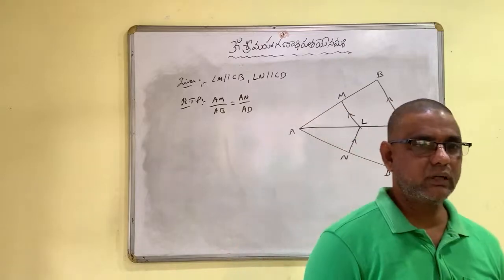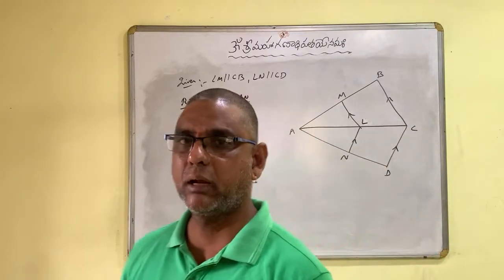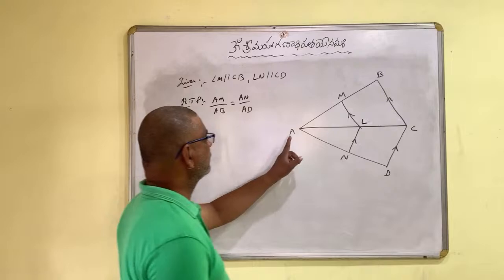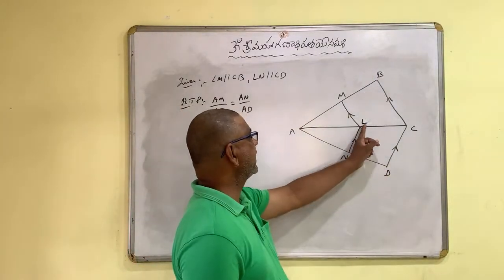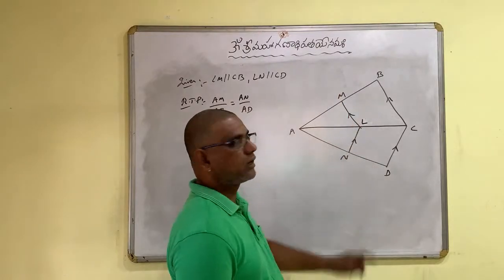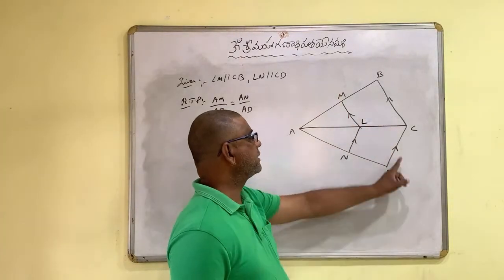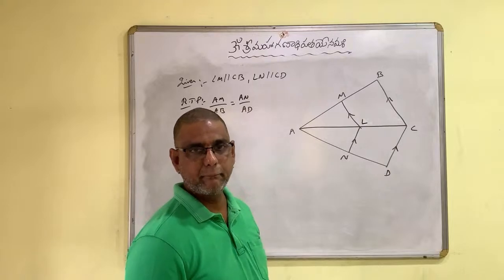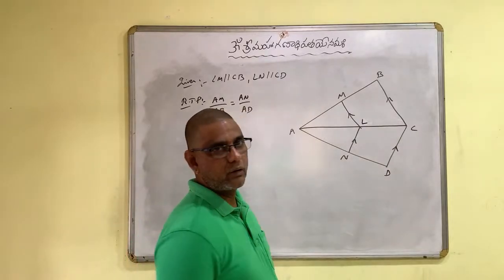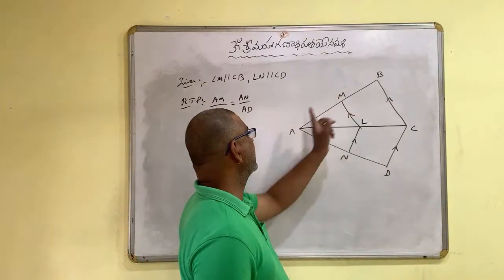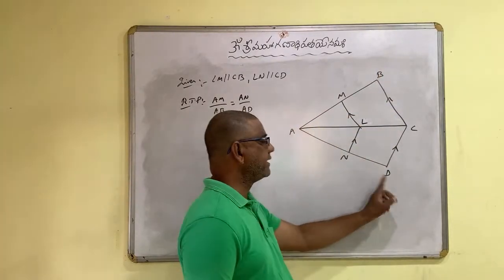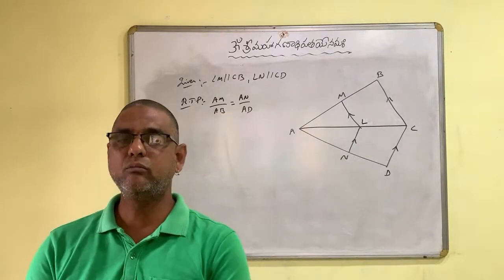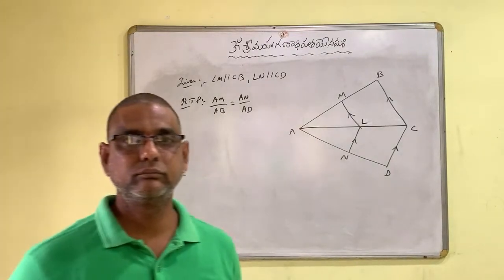Once again, see the problem. There is a quadrilateral ABCD. Lines LM and LN are drawn parallel to CB and CD respectively. What we have to prove? AM by AB equals AN by AD. This is what we have to prove.